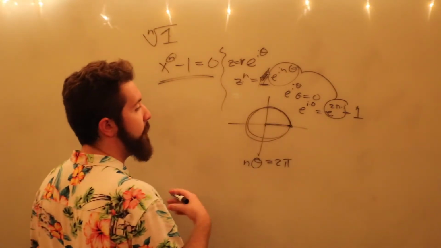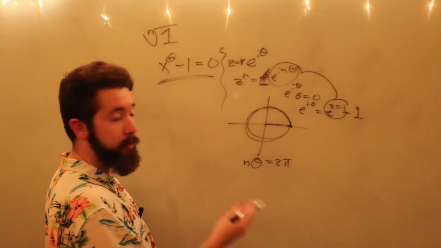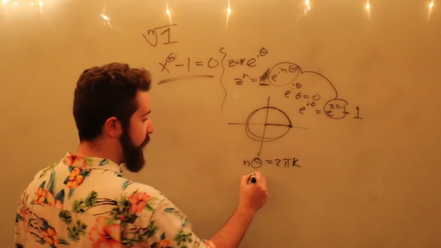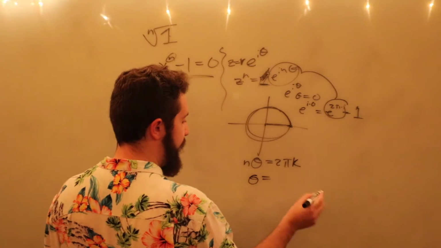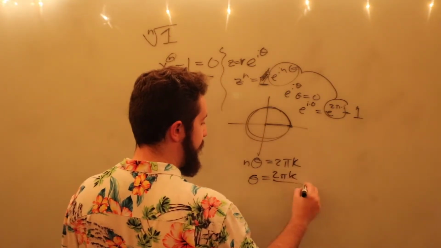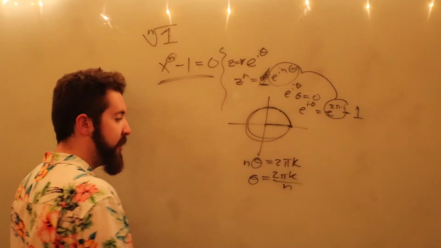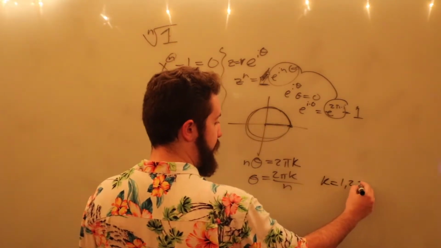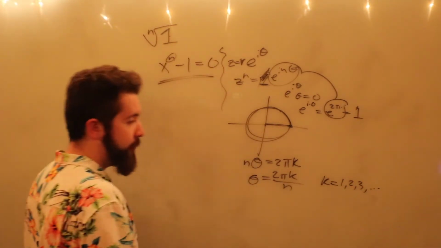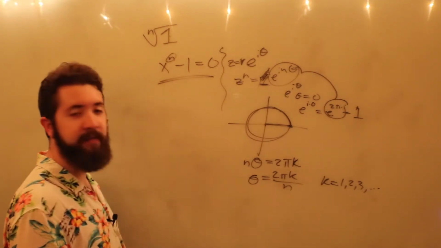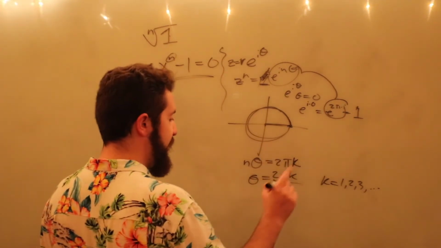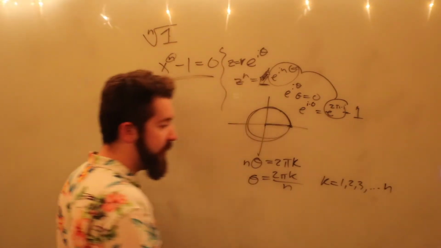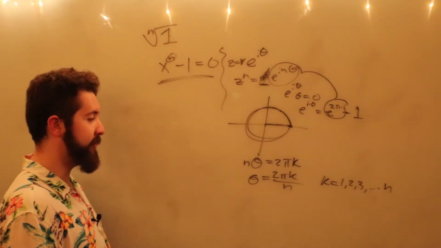If you end there, then that's the number 1. So we'll just put 2 pi k for any integer k. Divide by n, and you get theta is equal to 2 pi k over n. And k is equal to 1, 2, 3, etc. But you'll notice this will repeat after n different values. And indeed, we will get exactly n different numbers out of this.